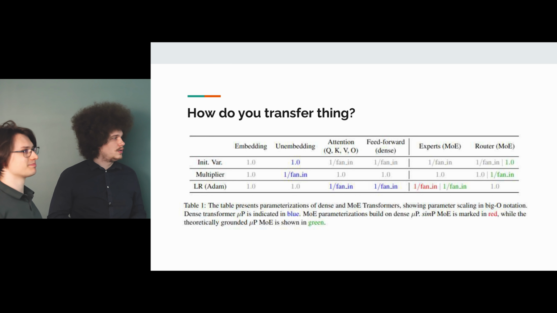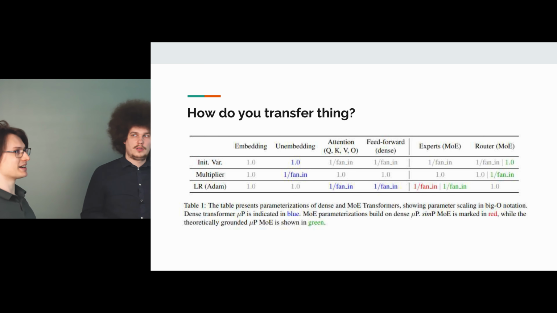So the mathematical idea is to have consistent training dynamics, so you don't have anything blowing up or diminishing to zero.